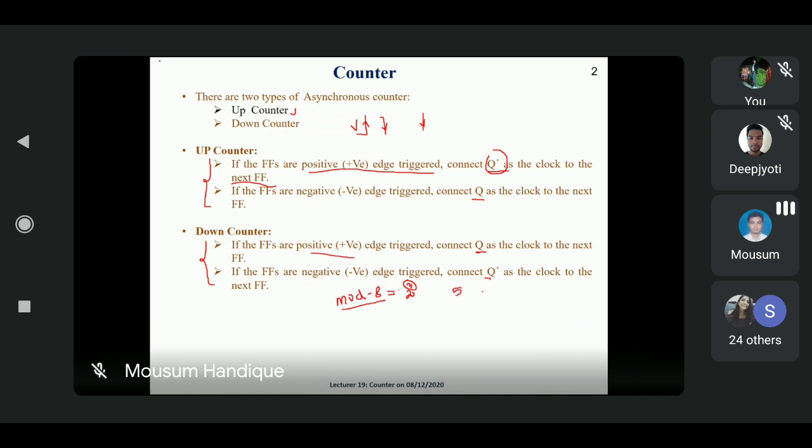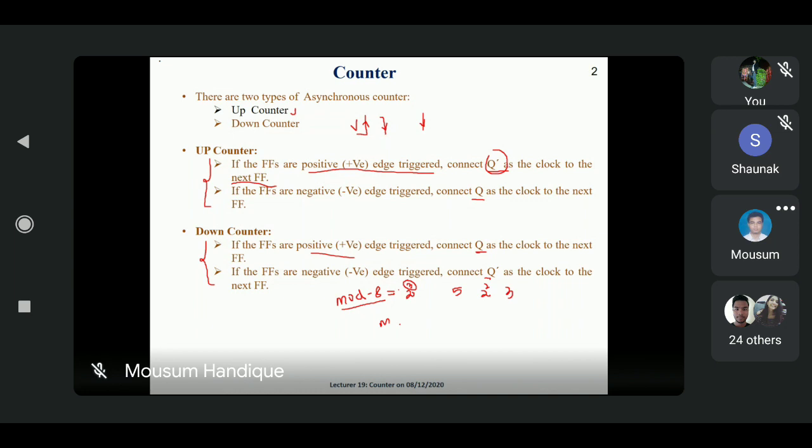We cannot use 2 to the power 2, because that is 4, and 4 is less than 5. So to design the mod 5 counter also, 3 flip-flops are required. Mod 10 counter needs 4 flip-flops. Yes, 4 flip-flops.